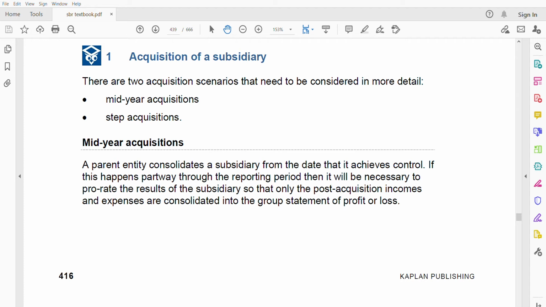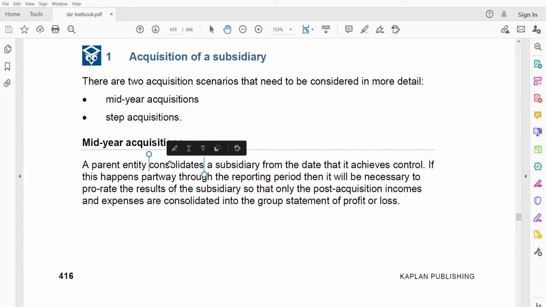Mid-year acquisition, by the word you know that you are buying a subsidiary part way during the year. It could be any month. So how are you going to consolidate it?